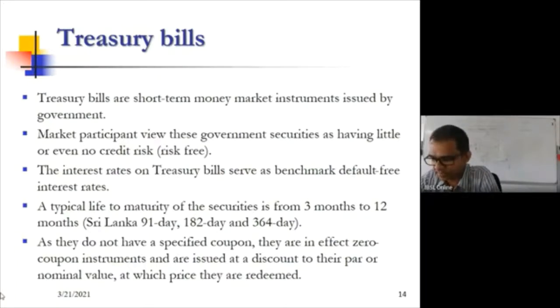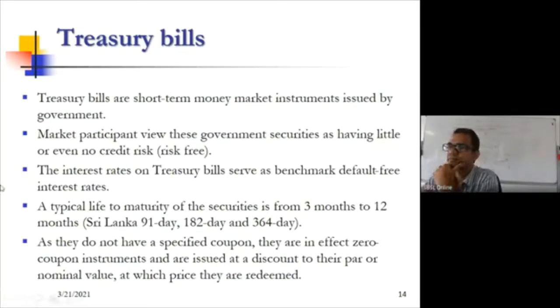So my example was, you bought it at 95. After 1.5 months, there's no guarantee that you will get 95 rupees or more. It can be less than that. That depends on the market interest rate. We'll discuss that once we discuss how to do the pricing of a treasury bill.